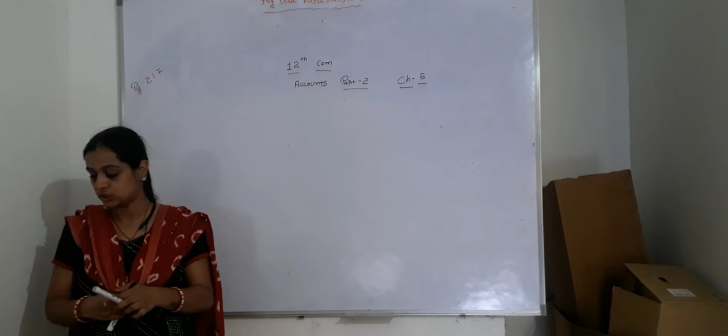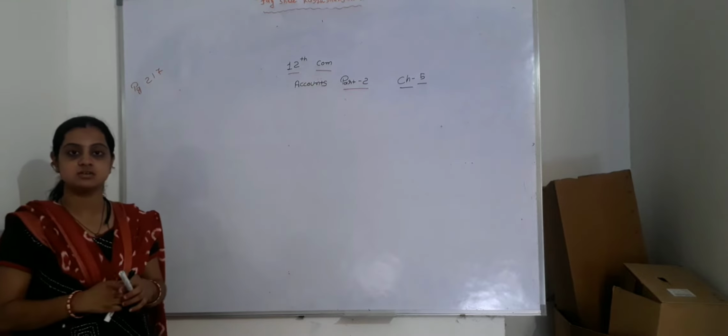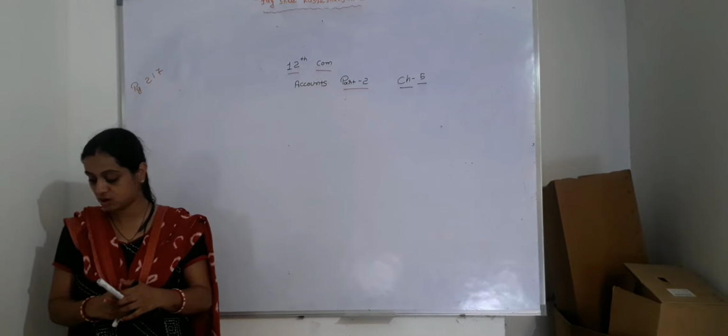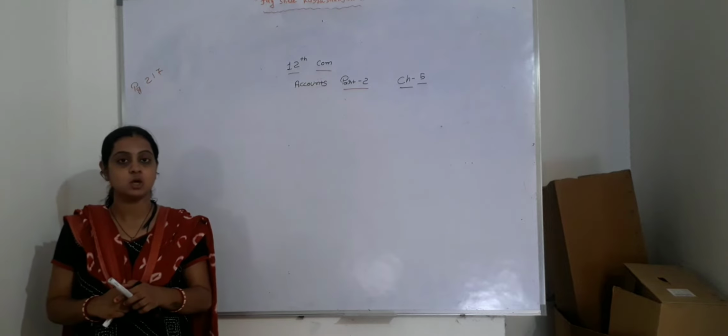Particulars 2016 and 2017. They have given sales, return, opening stock, purchase, expense and closing stock.